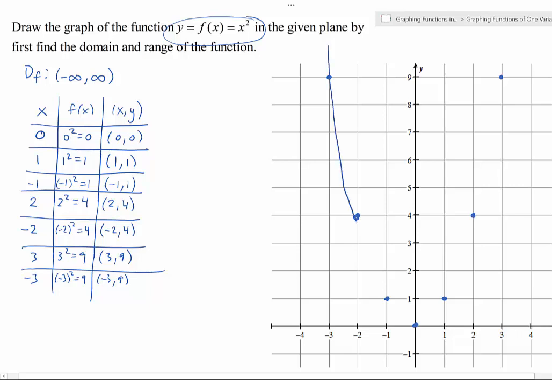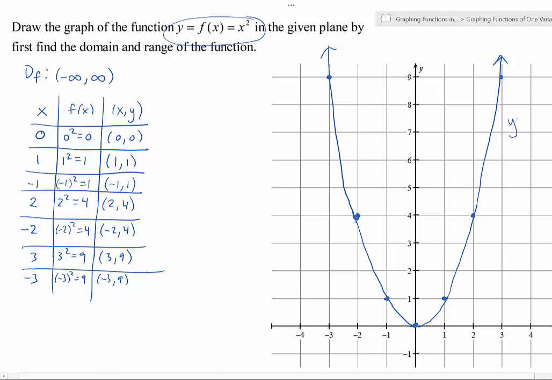Try to connect these. Okay, we're getting down here, hit that, come back up, and keep going. And we get a shape that looks something like that. Obviously, if I had better hand coordination, I would probably draw a much more beautiful curve. But that is the graph of the function.